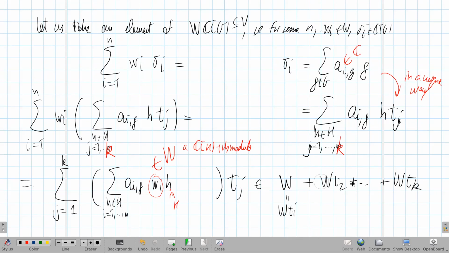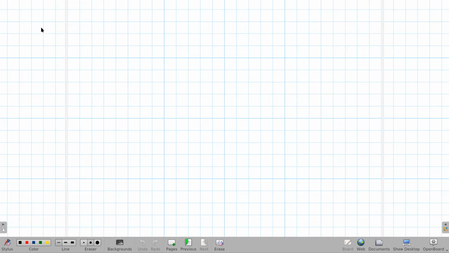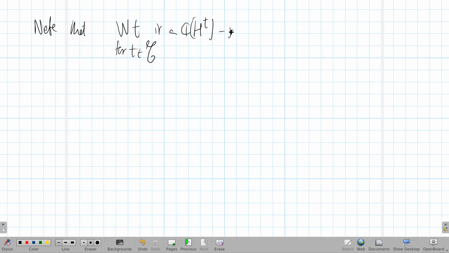Perhaps there's something to be noted here. This, by assumption, is a CH module. The others are not CH modules, but we'll see that this plays a role later. Note that WT, for T in the transversal T1 to TK, is an HT, CHT submodule, where HT is the usual conjugate.